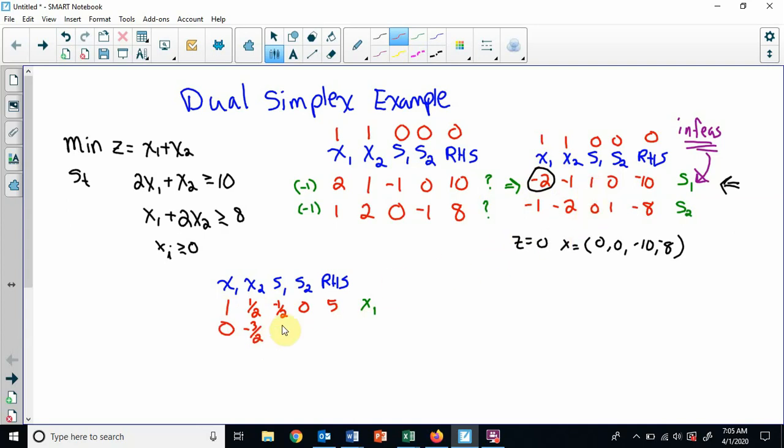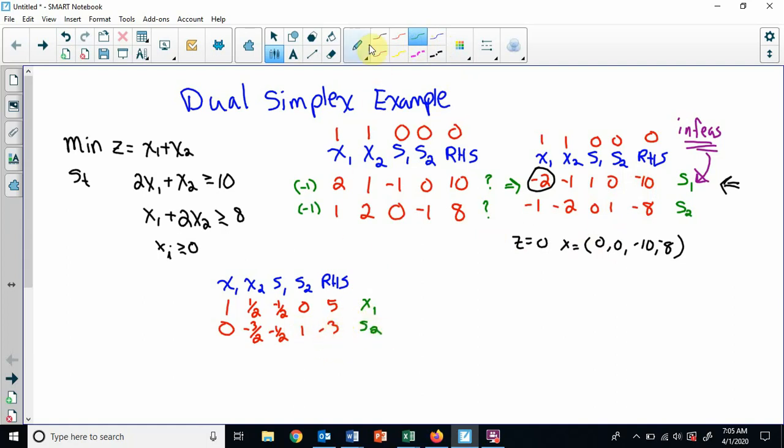Negative a half down to 0 is just negative a half. 0 down to 1 is just still 1. Let's see, so 5 added to negative 8 is negative 3. So that one is still slack 2.